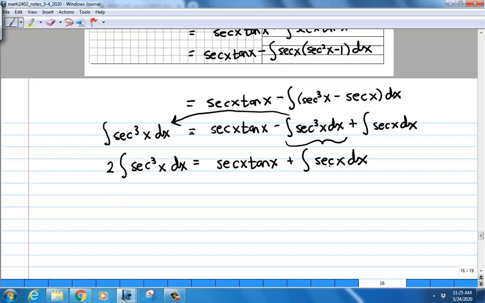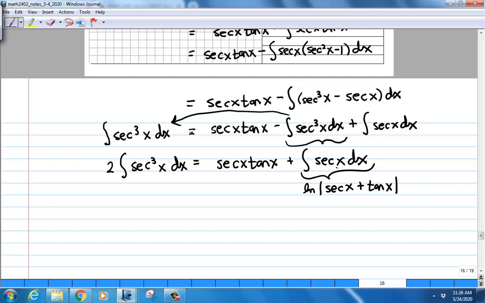We know what the antiderivative of secant x is. You probably have forgotten that, but that's just the antiderivative of one of your 6 basic trig functions, and we know the antiderivatives of all the 6 basic trig functions. We learned those a few sections ago. Let me jog your memory here. This turned out to be the natural log of the absolute value of secant x plus tangent of x.